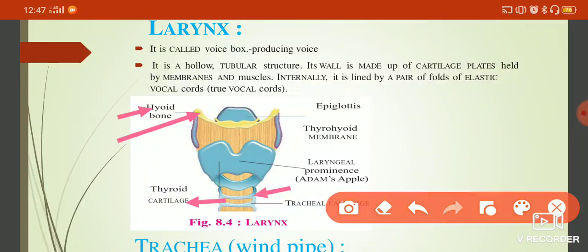Internally, it is lined by folds of elastic vocal cord or true vocal cord. These vocal cords are a pair of folds of elastic vocal cord, means there are two bundles of elastic vocal cord.